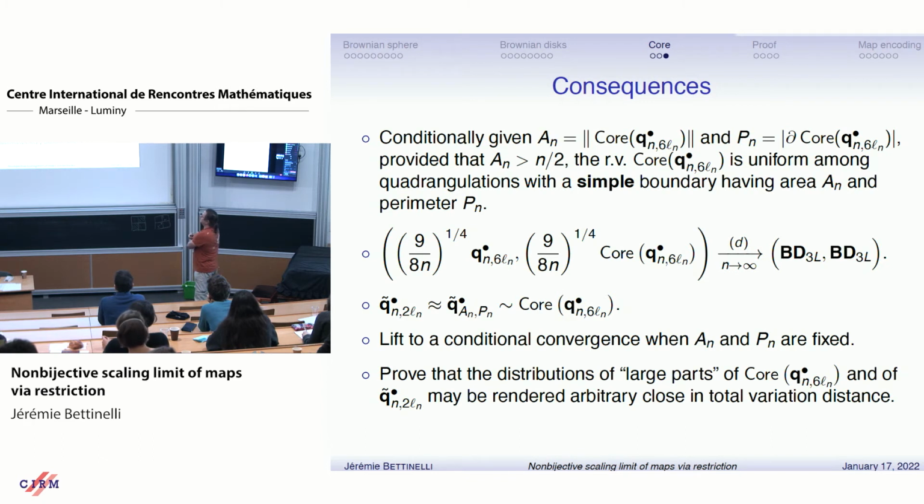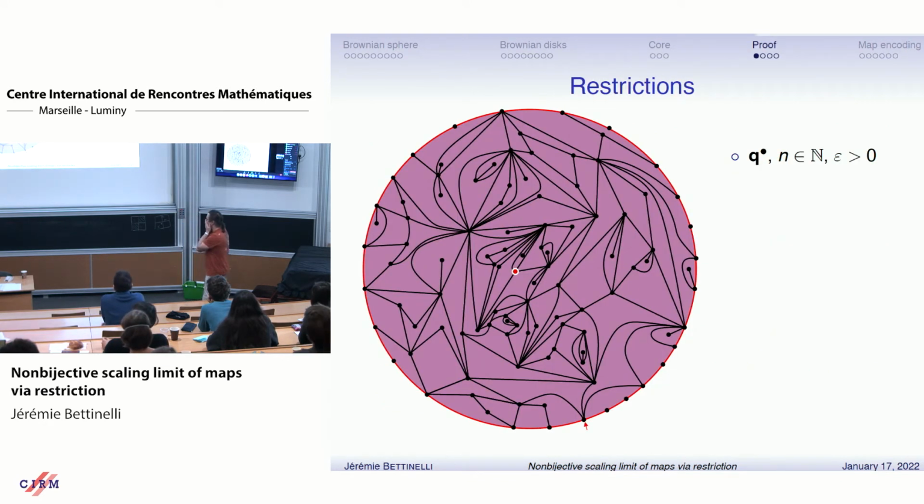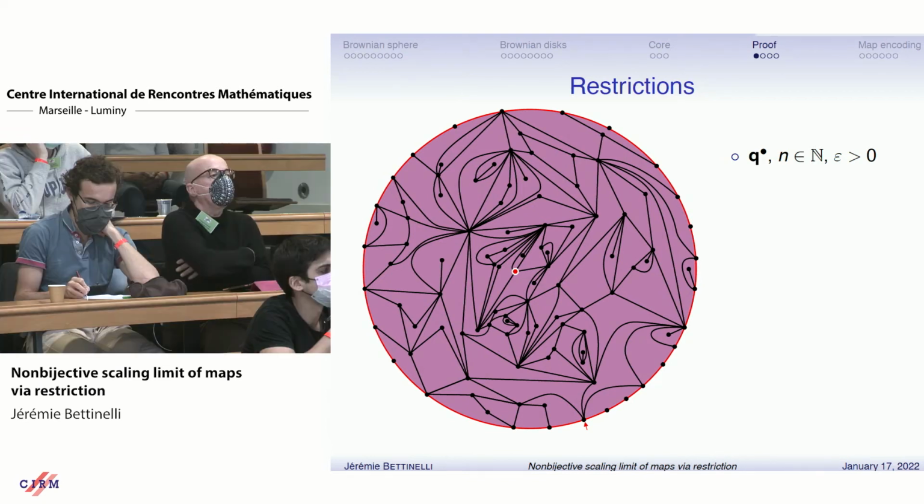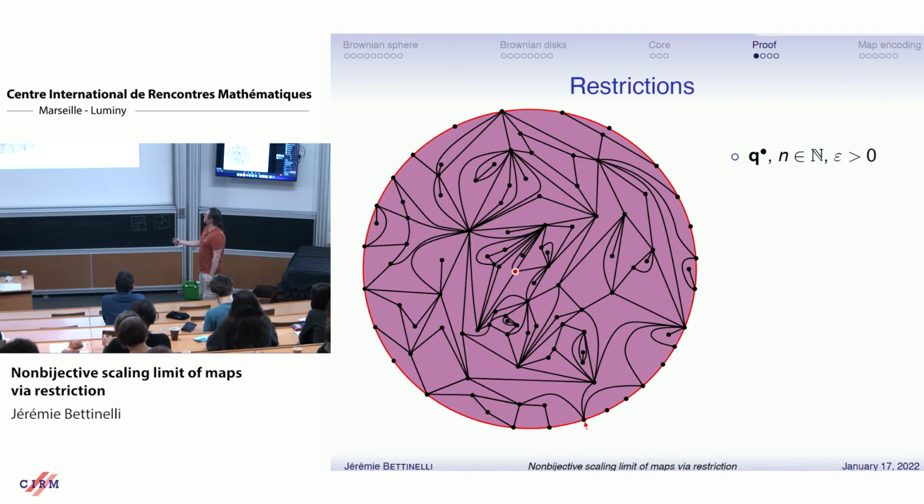The idea to do that is to prove that large parts of these two objects are arbitrarily close in total variation. We'll explain this. What I mean by large parts, to do this, I use what we call restrictions, and it's defined like this. You take a quadrangulation with a simple boundary.